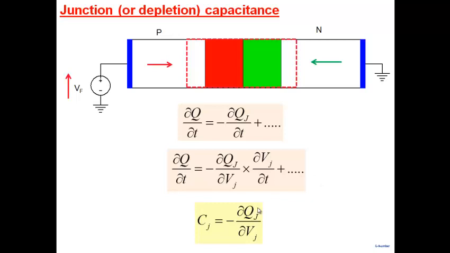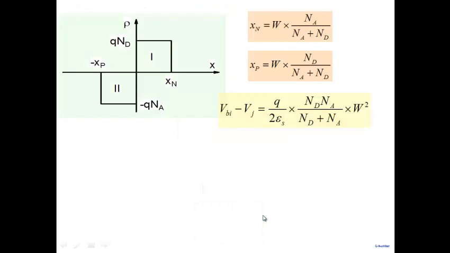So we define Cj then as minus del Qj by del Vj, the junction capacitance. Note that the capacitance is positive because as voltage across the junction increases, the junction charge decreases. That's why the minus here, and Cj is minus del Qj by del Vj.